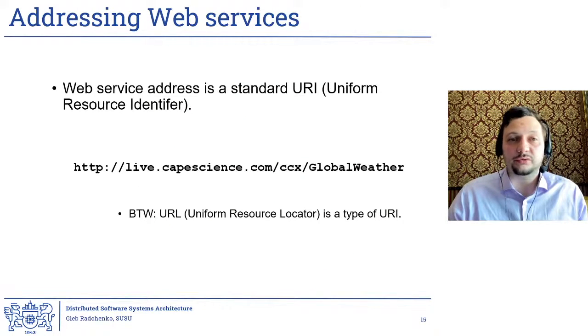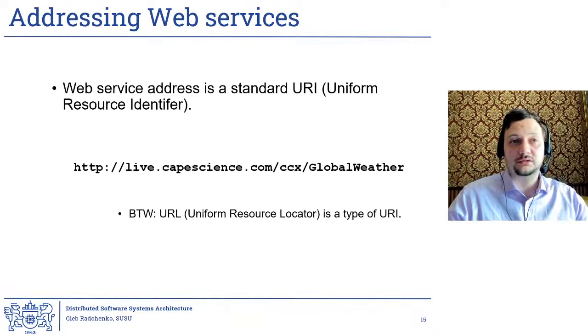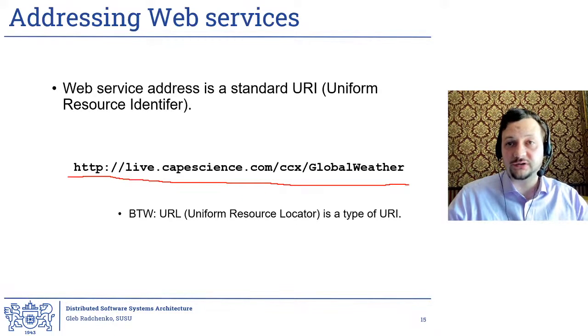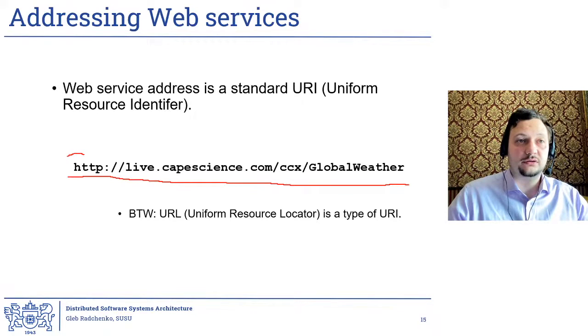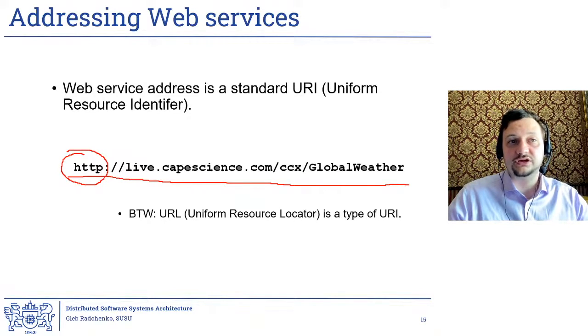So how are XML web services addressed? The web service address is a standard Uniform Resource Identifier, or URI. Here we can see an example of a Uniform Resource Identifier, and using it we can address a remote service. In this URI we see the following parts. First, HTTP, which means that our web service is accessible using the HTTP protocol.